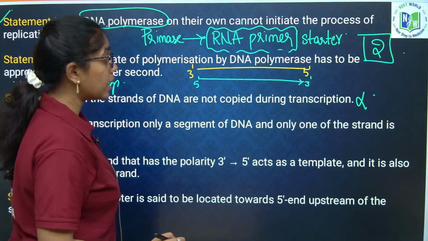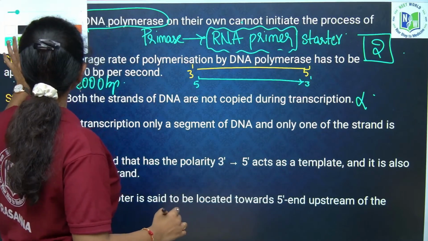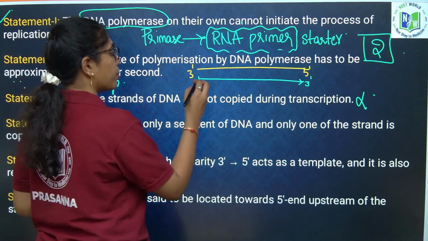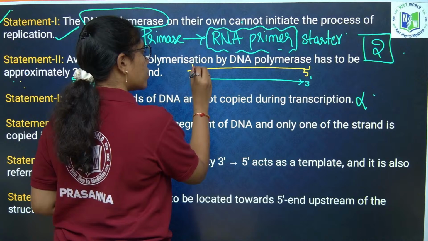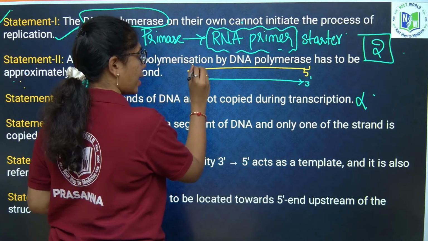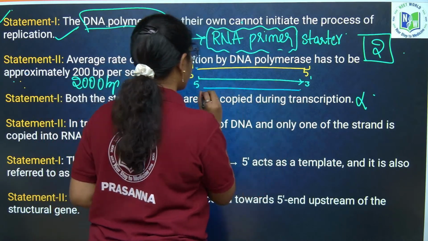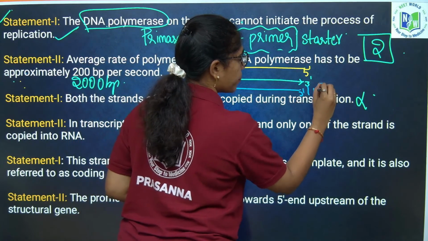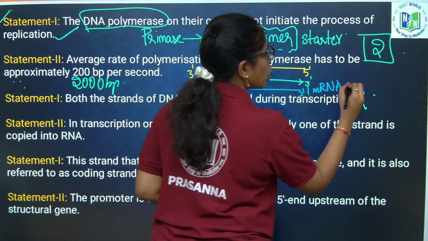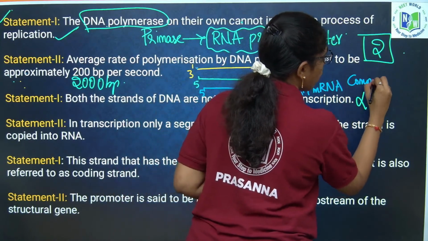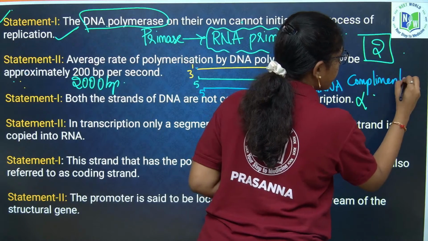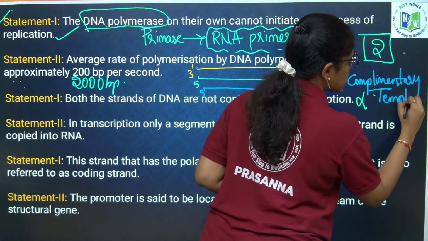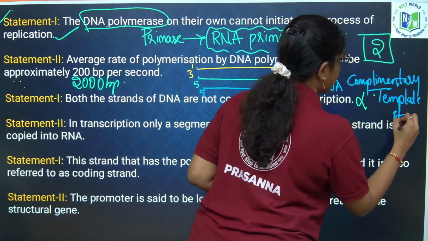Now new mRNA synthesis, as I said, will always happen from 5 prime to 3 prime. In that case it will be complementary to this strand, right? So yes, synthesis will take place from 5 prime to 3 prime. This is mRNA. This is complementary to the template strand. Template strand means this strand.